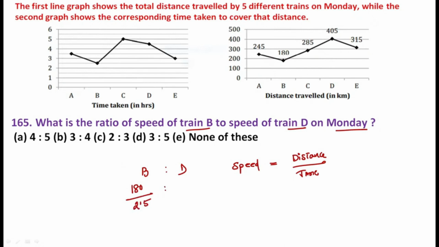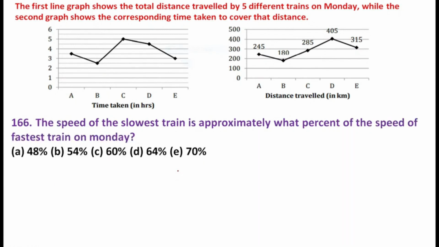The same way, for D the distance is 405 and the time is exactly 4.5. Now you can cancel both the decimals. Now 45 ones are 45, 45 nines are 405. It's exactly 9 times. Again 5, so you can cancel. Now the ratio is exactly 20 is to 25. The respective ratio is 4 is to 5. Next one.